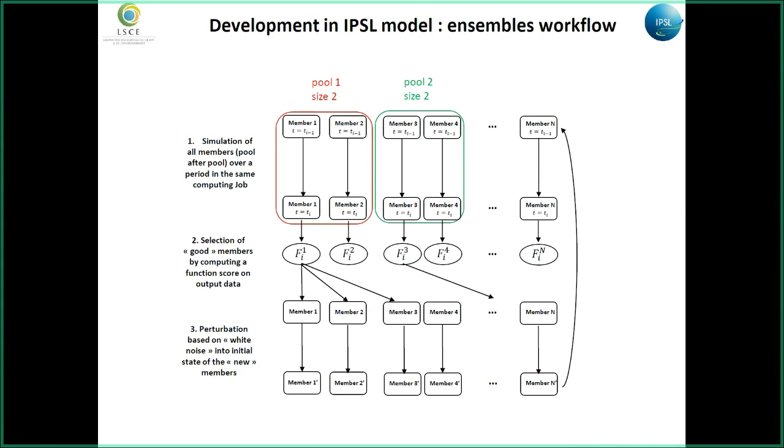And then the third step is the perturbation based on a white noise into the initial state of the new member. And after that, it starts again at the beginning for the following period.